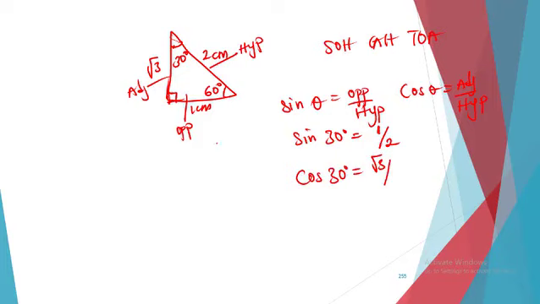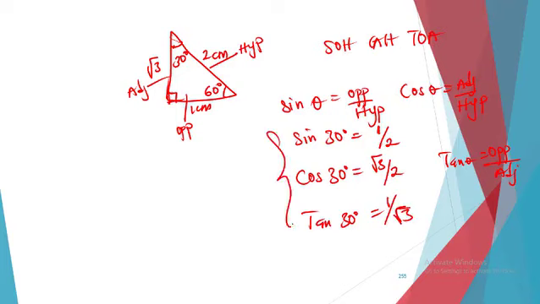Root 3 over what? Hypotenuse, which is 2. Then tan 30. Tan theta is equal to what? Opposite over adjacent. Is that correct? Our opposite is what? Is 1, and our adjacent is what? Is root 3. So these are the values of sin 30, cos 30, tan 30 without the use of a calculator.